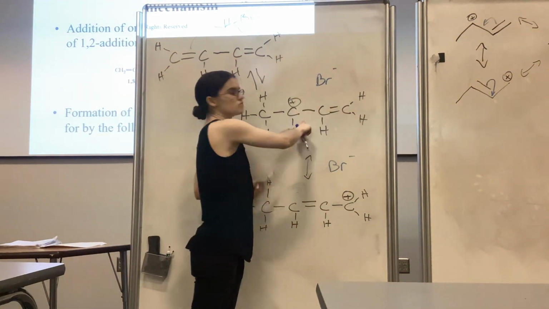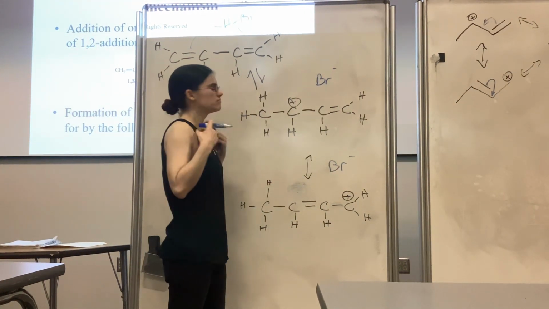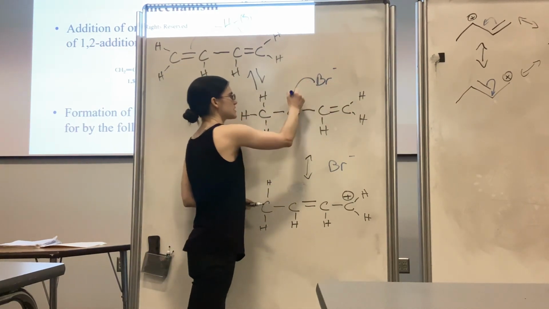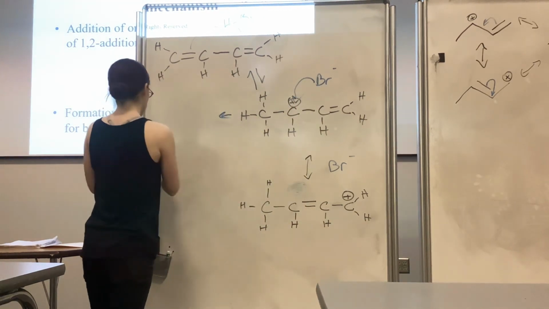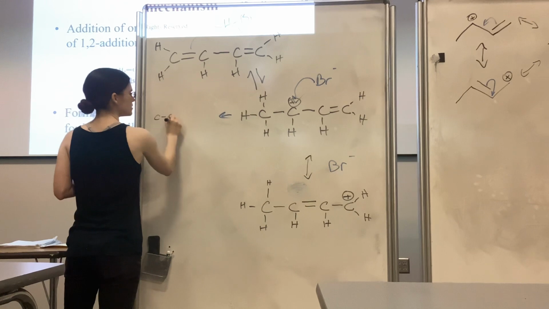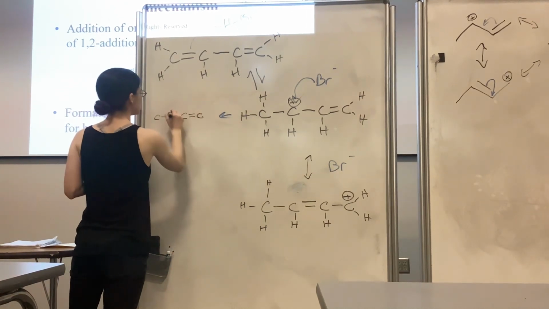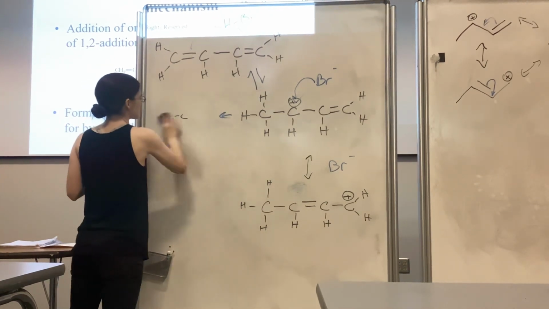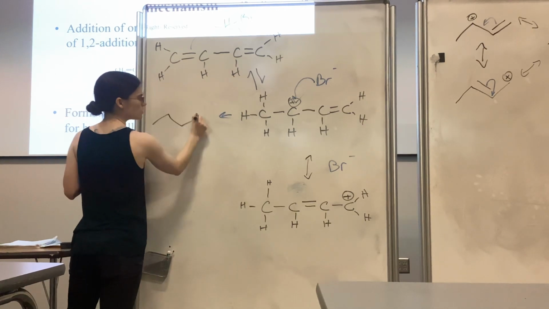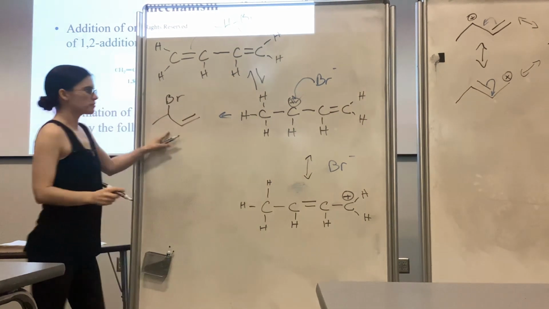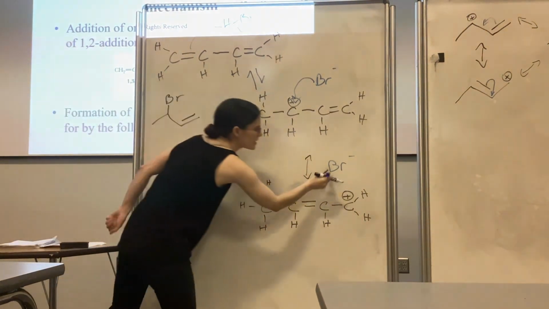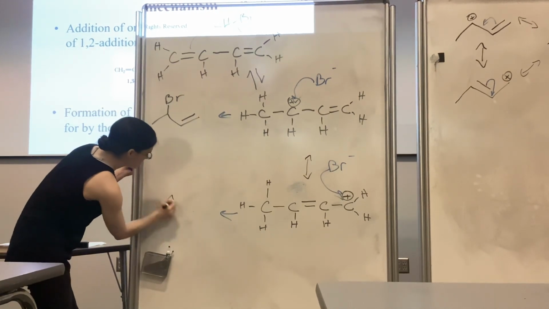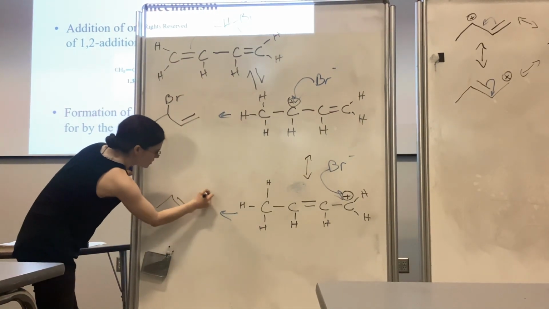If we primarily look like this, or our charge primarily looks like this, we can attack there and form, I hate drawing all these hydrogens. We can form this, right? And here, we could attack here and form that.